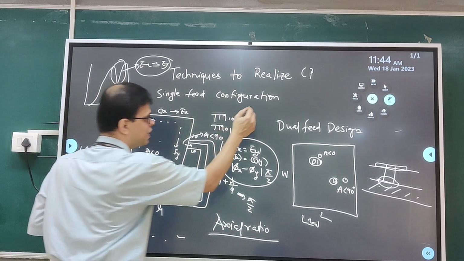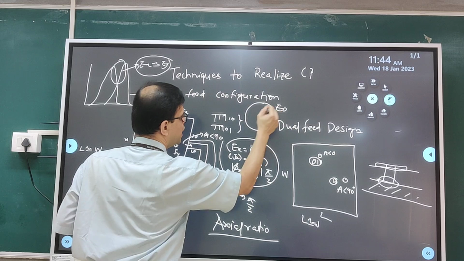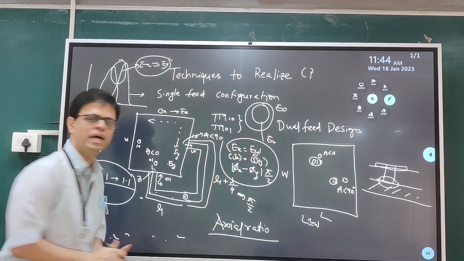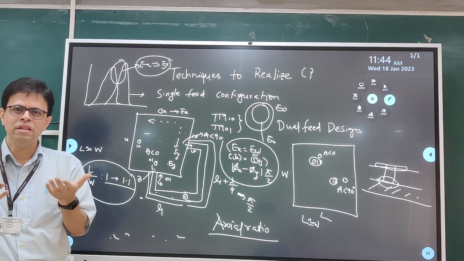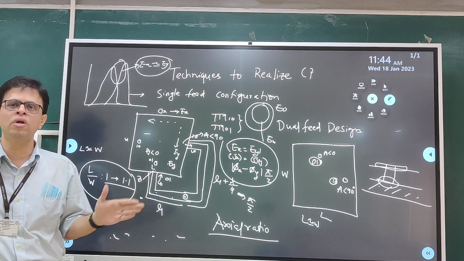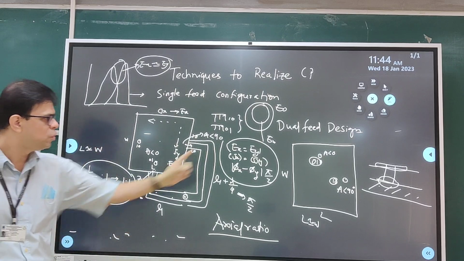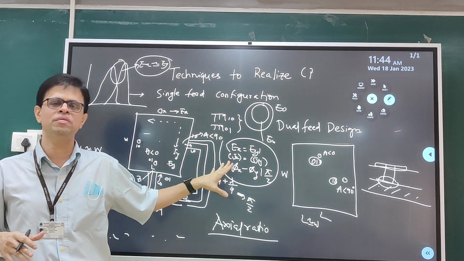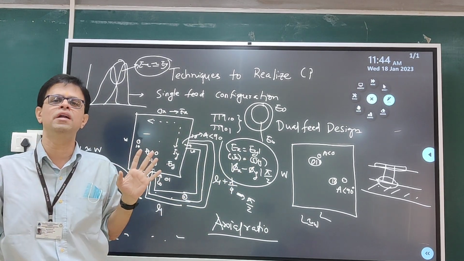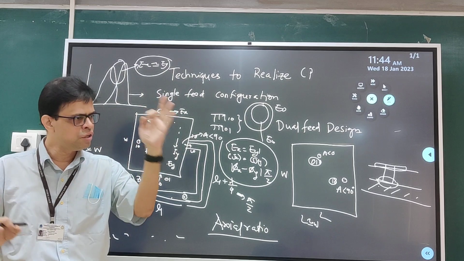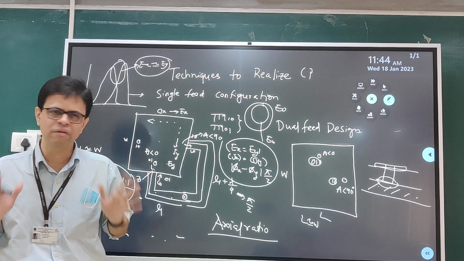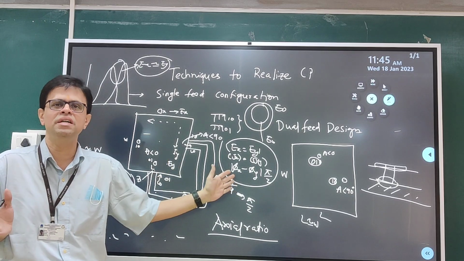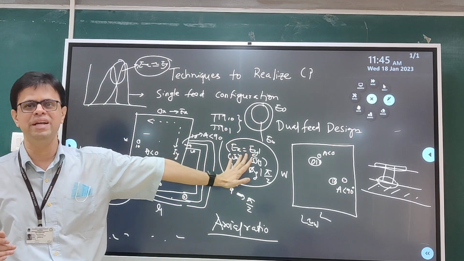The copolar component and cross polar component will be slightly different in the broadside direction, and you will not have a perfect circular polarized radiation. Whenever a deviation from these conditions happens, you are basically going towards elliptical polarization. In circular polarization, co-polarization and cross polarization are equal and these three conditions are met. But if there is a deviation from these conditions, it is not a pure CP radiation.